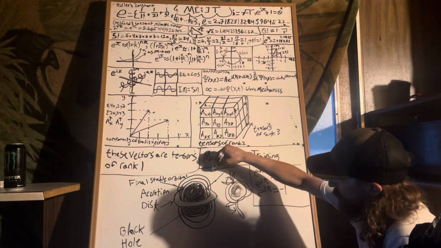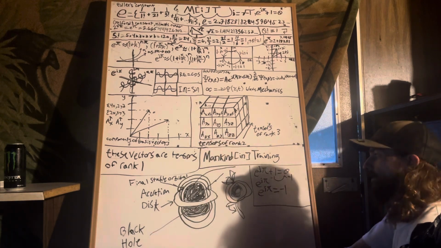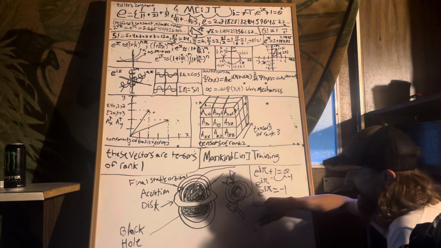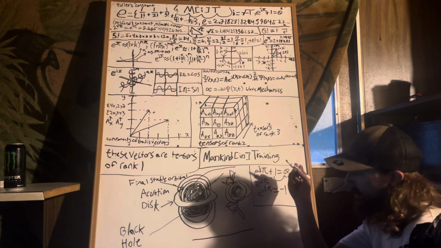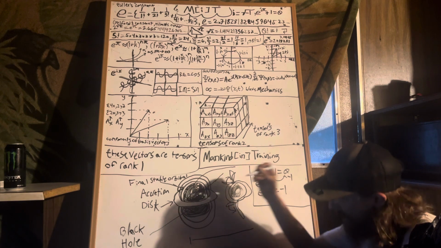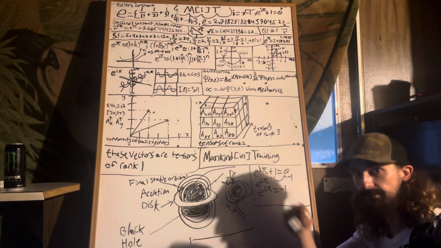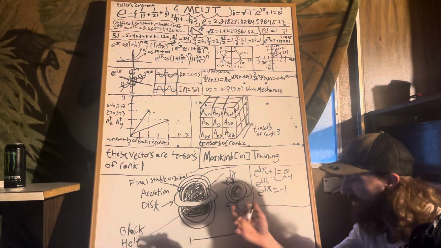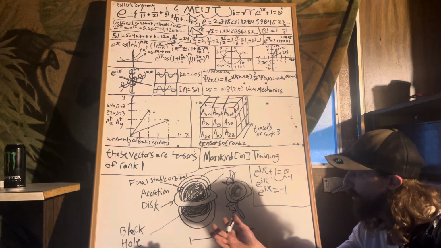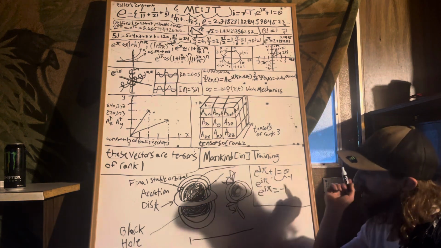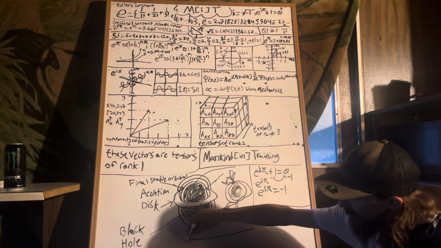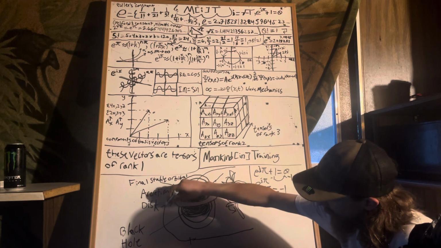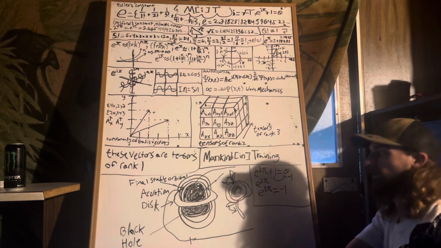Even light out here, that normally would hit something and be absorbed, or continue on forever until it hits something and is absorbed or reflected. Now, something that's going on this trajectory still will end up falling into the black hole.